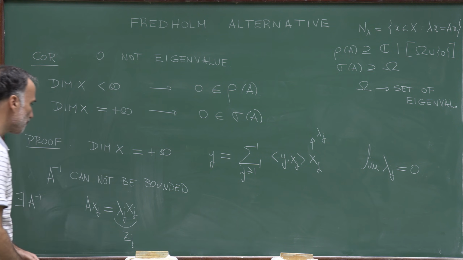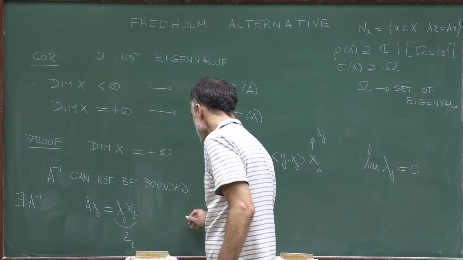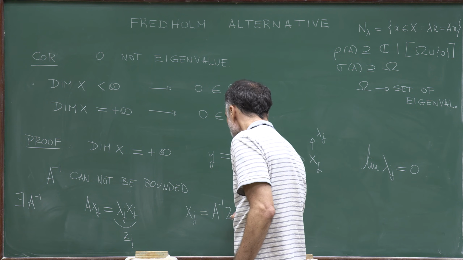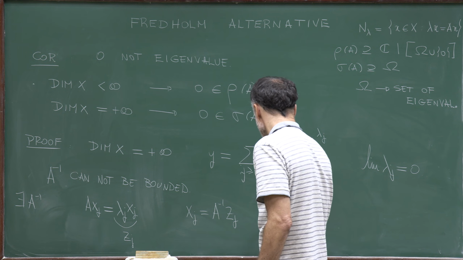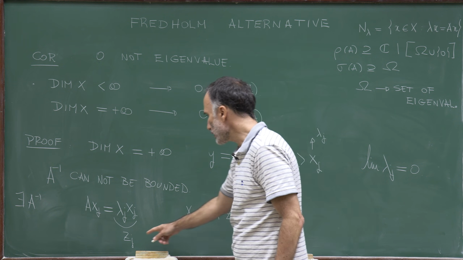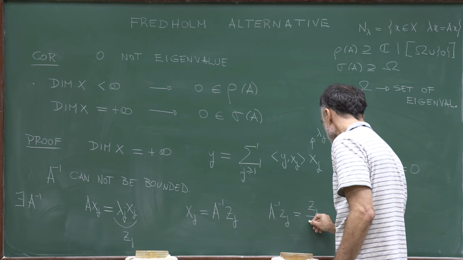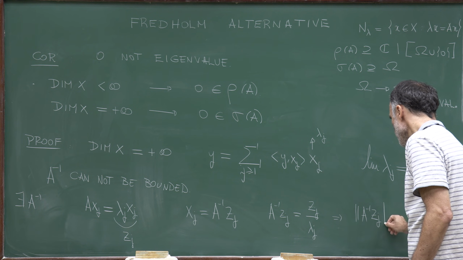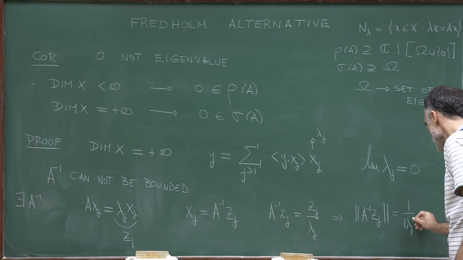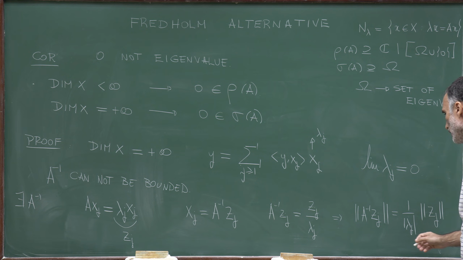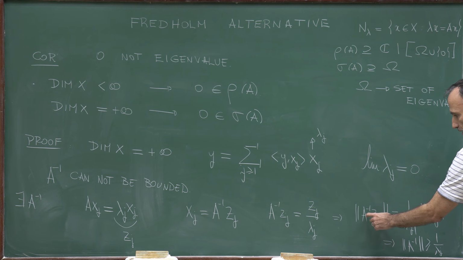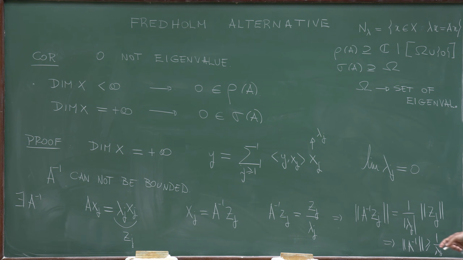So if I call zj this element, what I get is that A xj is equal to A minus 1 zj, and A minus 1 zj is equal to xj, but xj is zj divided by lambda j, and this tells me that the norm of A minus 1 zj is equal to 1 over lambda j times the norm of zj, and this implies that the norm of A minus 1 is larger than 1 divided by lambda j, because I just plug zj inside here, and therefore the norm of A minus 1 zj divided by the norm of zj is larger than 1 over lambda j.